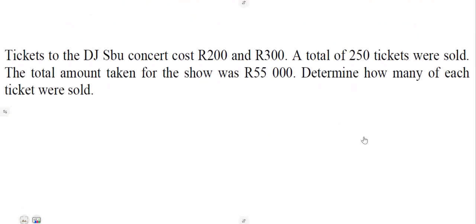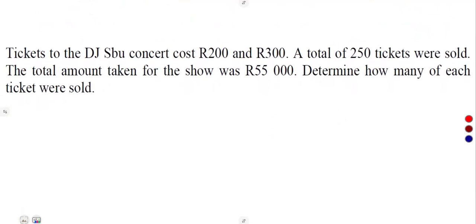Let us check this one. Here we are given tickets to DJ Sbu concert. All right. So DJ Sbu is having a concert. They cost 200 Rand and 300 Rand. Take note. This is the cost of a ticket.